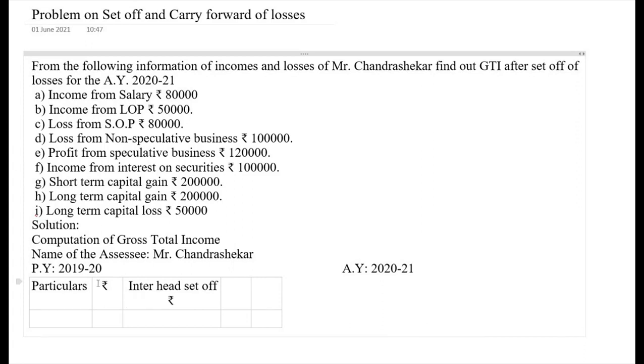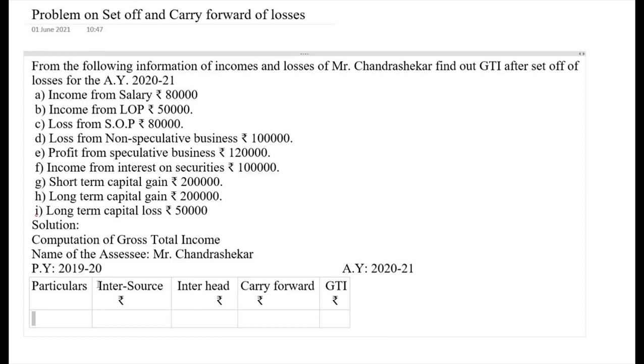Then here it is intersource set off, or simply let us write intersource only. Similarly here also, then carry forward, then GTI, that is gross total income.